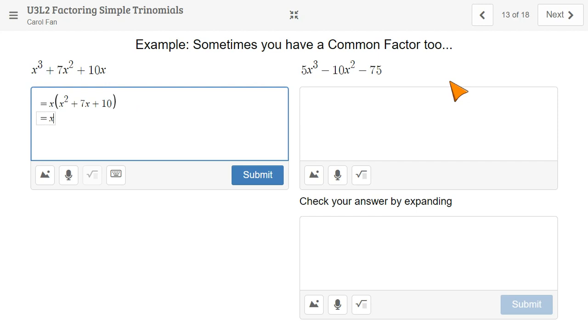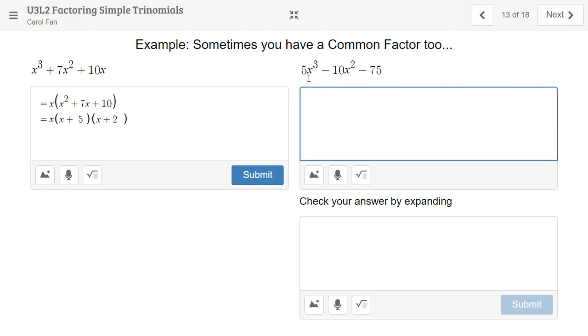The b tells us it's going to be 2 addition brackets. Factors of 10 that add up to 7. That would be a 5 and a 2. Now, I've factored as much as I can, but I had to do 2 steps. I did common factoring, and then I did trinomial factoring. Right, let's continue on.